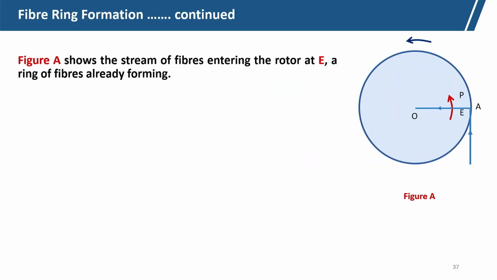Now, figure A shows the stream of fibers entering the rotor at point E, and a ring is already formed.